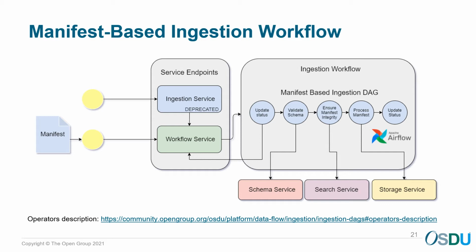Validate schema performs schema validations via the schema service. Ensure manifest integrity validates internal references in the manifest and external references already present in the OSDU data platform via the search service. Process manifest performs the final processing and stores valid manifest data via the storage service.